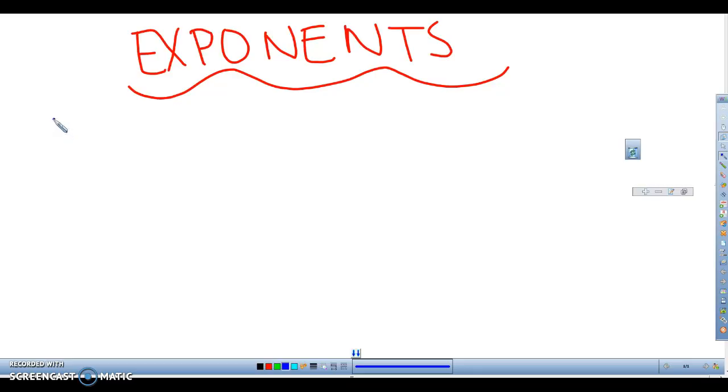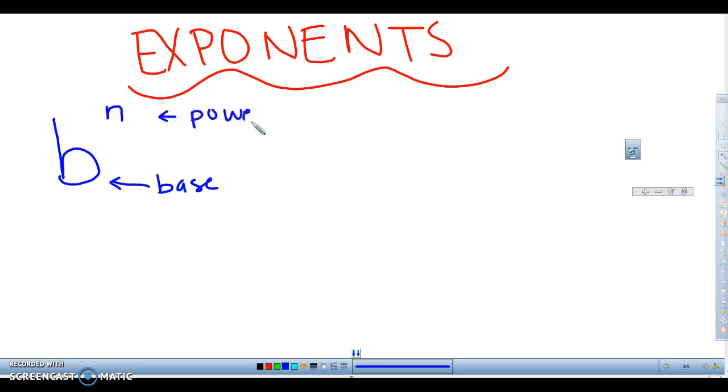So hopefully you remember from 6th grade that you have some number b that is called your base. And then up at the very top in its super tiny little script, we have some kind of number, n, which we call the power or the exponent. And that power is special because it tells us how many times to multiply that base.